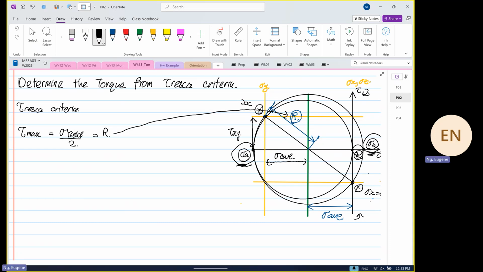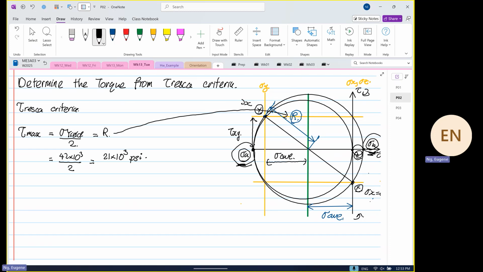So we know that the stress yield in the question, the yield strength, is 42. So this will be equal to 21 times 10 to the power 3 psi.